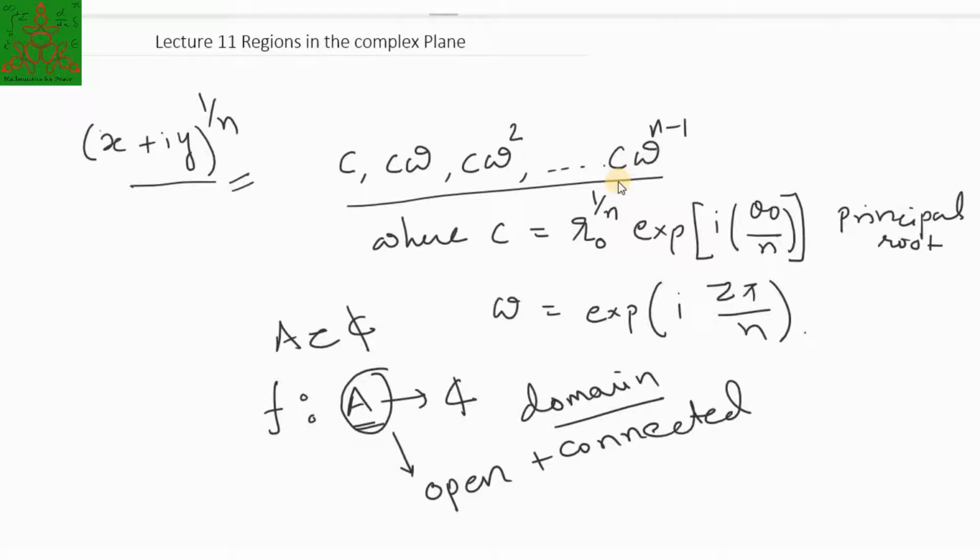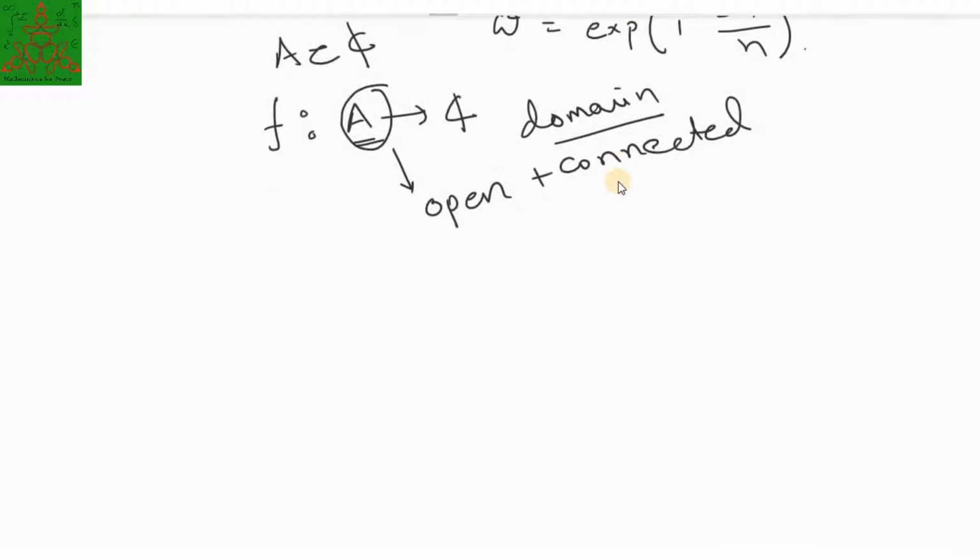To learn about regions in the complex plane, first we should know the idea of the epsilon neighborhood. Probably you have learned the neighborhood concept in your BSc class, and also in your 12th standard.